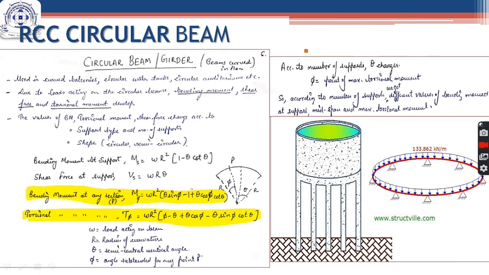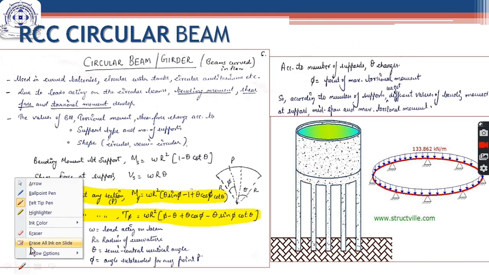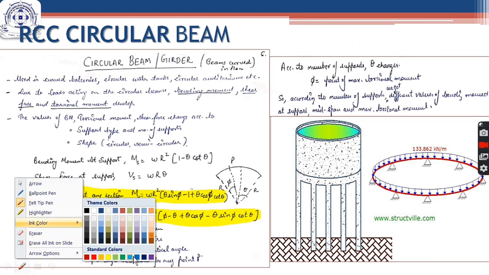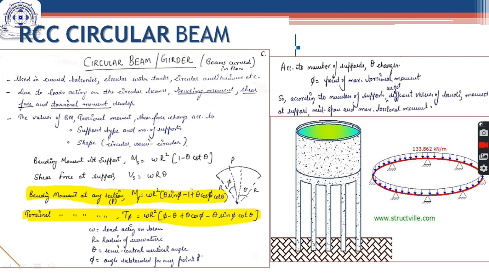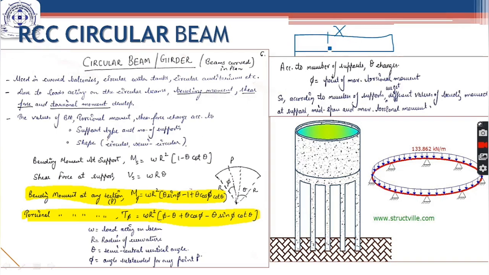Now before starting, there is a very big difference between rectangular beam and circular beam. Consider a rectangular beam. For example, there is a point X on the beam. Then how do you locate or define this point X? We say that the point X is located at a distance of, let us say, small x from the left support. So in rectangular beams we have this particular method of explaining.